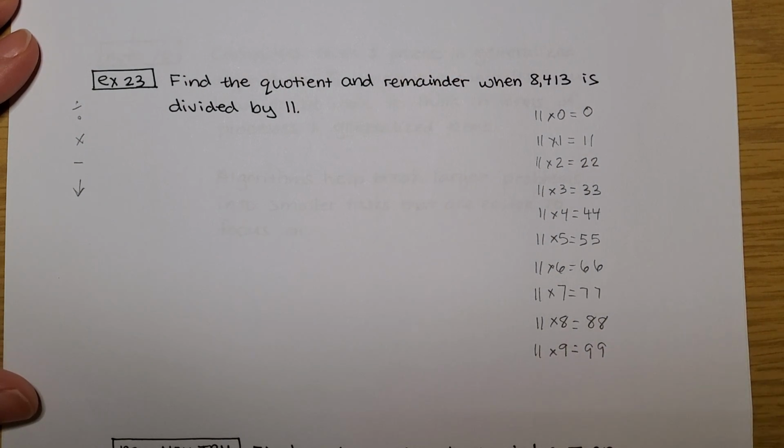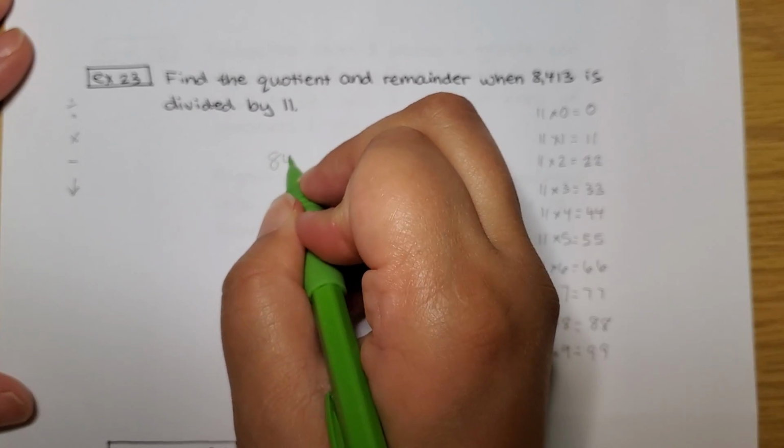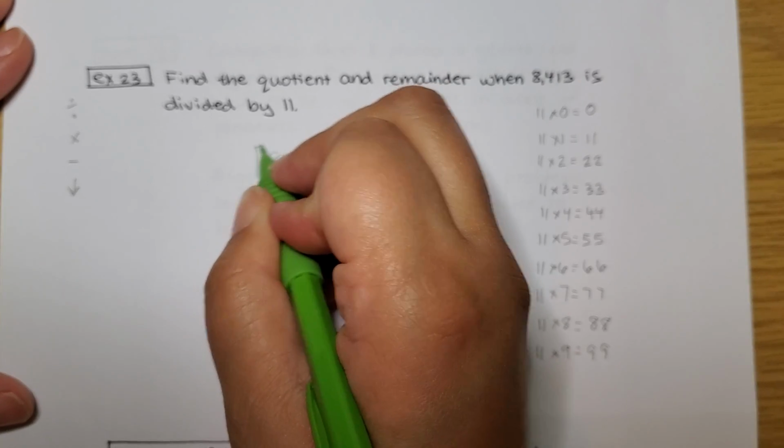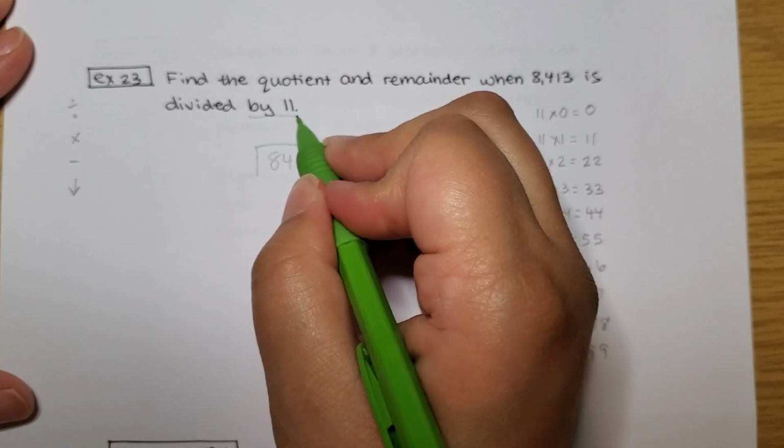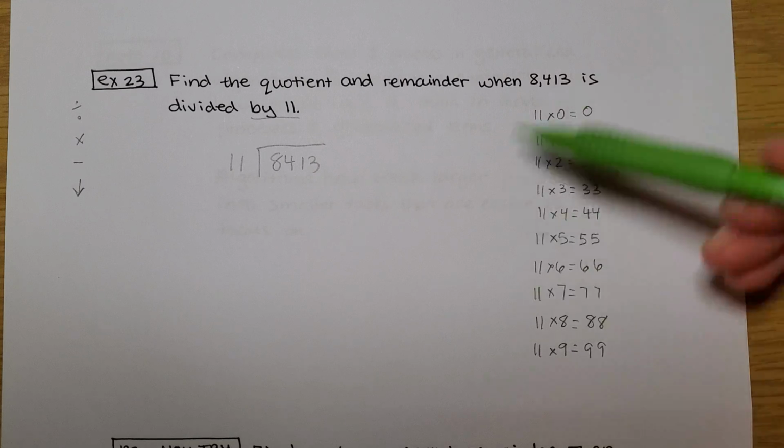And for the last part of our setup here, we're going to take 8413 and put it in the box. And then what you divide by is going to go on the outside. So this is my setup for dividing in this manner. So I'm still going to follow the long division algorithm, but I made kind of like this little cheat sheet off to the side here.